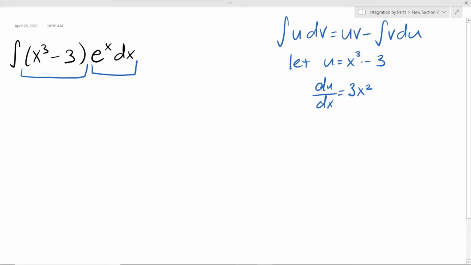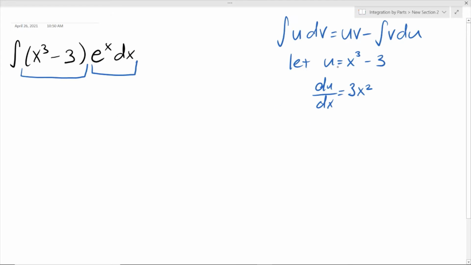So the trick to finding u is to find something whose derivative will be simpler. If we let e to the x be u, the derivative of e to the x is itself, and that doesn't make it simpler. So it's better to let u be equal to x cubed minus 3. I will explain more on that a little later.